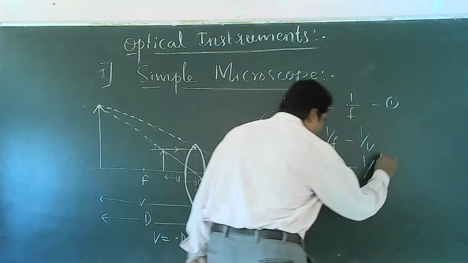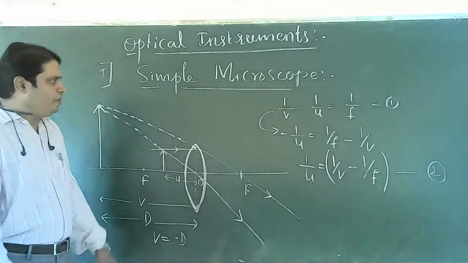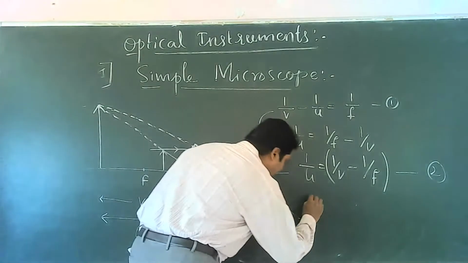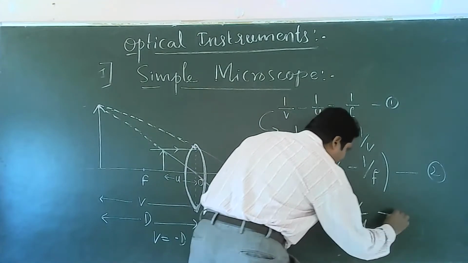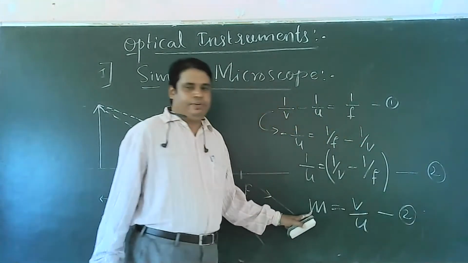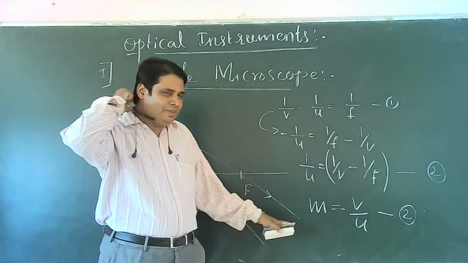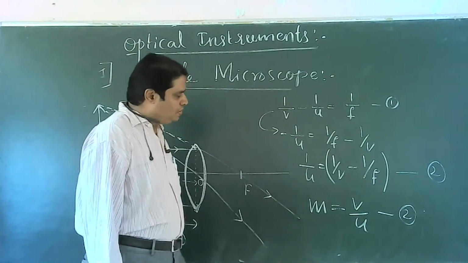Say equation 2. If you put this in the equation for magnification, M is equal to V by U, in case of a lens, this is the equation for magnification.